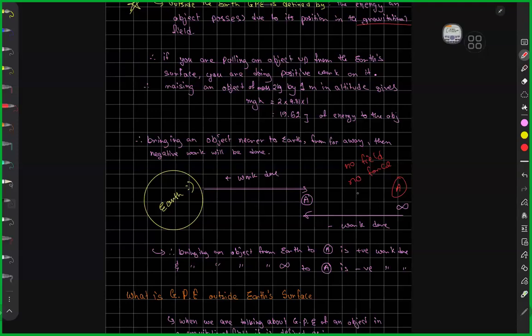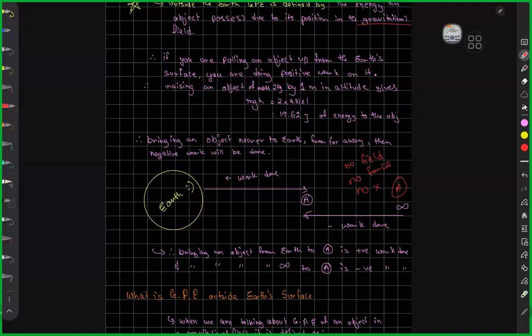Answer is no. At infinity, my object has zero energy because it is free from all forces in the universe. It has no tug, no push, no pull. It is just there, stationary or roaming around, doesn't really matter.